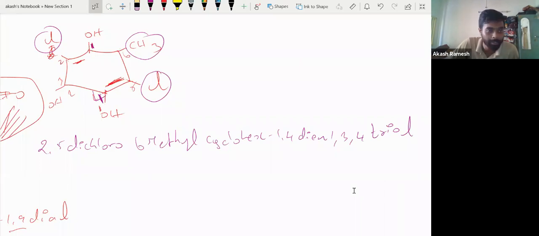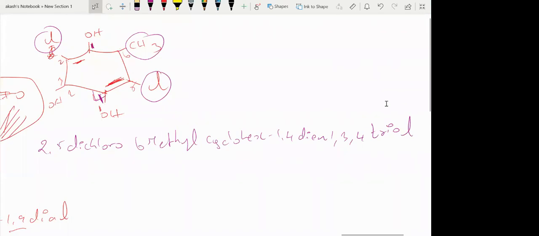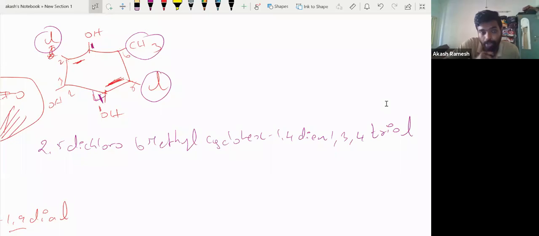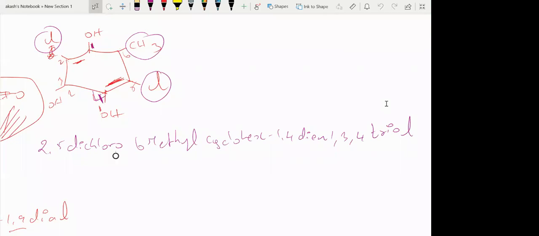Anybody has any specific questions you want to ask? Okay, fine. Yeah, go on. Sir, I was wondering why OH isn't becoming a prefix. Why OH is not becoming the prefix? Because that is the maximum priority functional group here.